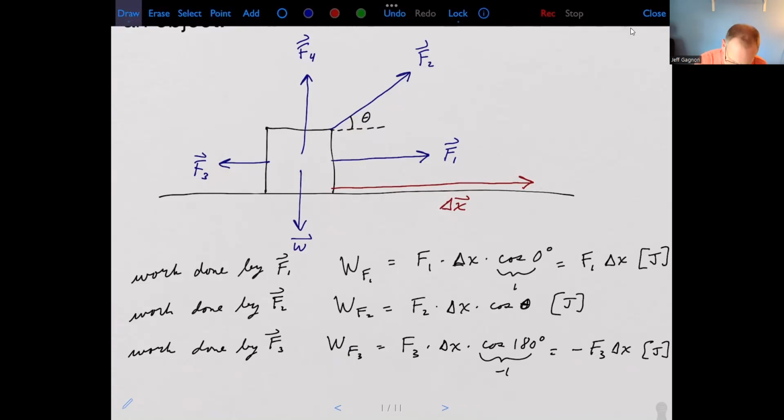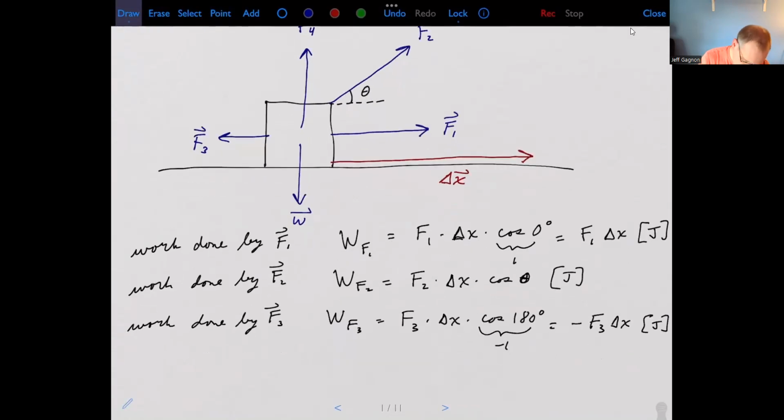Okay, what about work done by F4? So WF4. Well, that's going to be F4 times delta x times cosine of the angle between them. But what's the angle between? So F4 is straight up, and then displacement, that's 90 degrees.